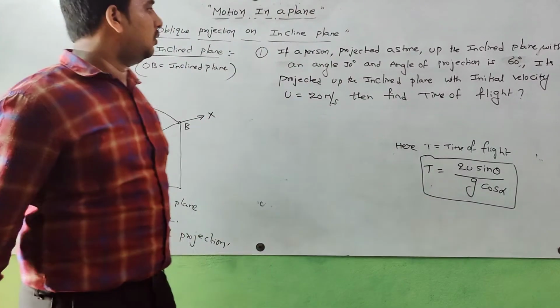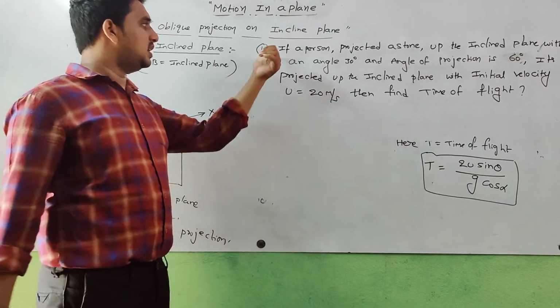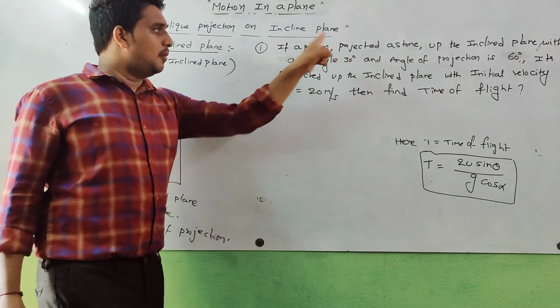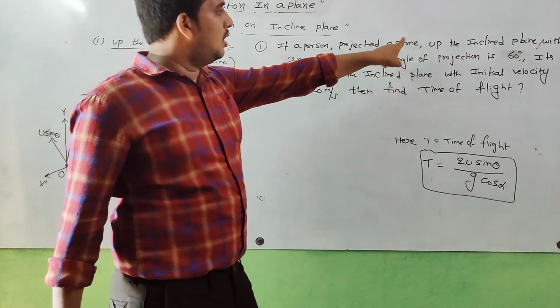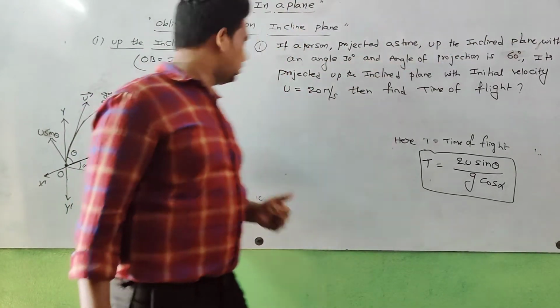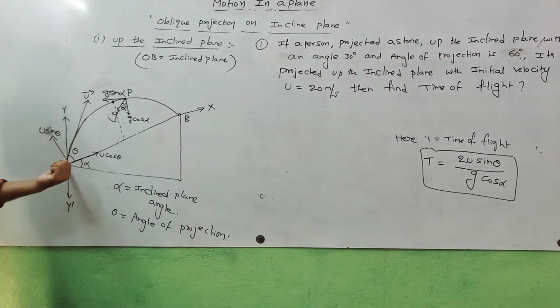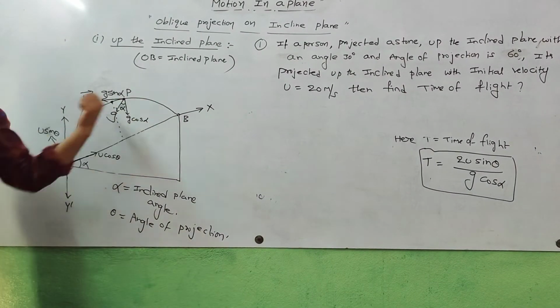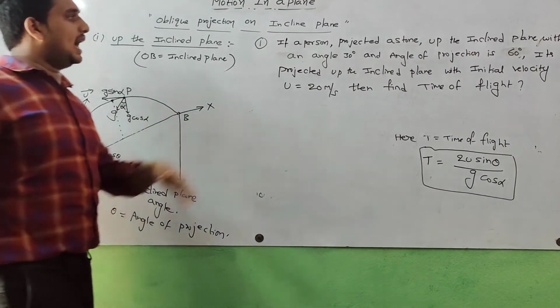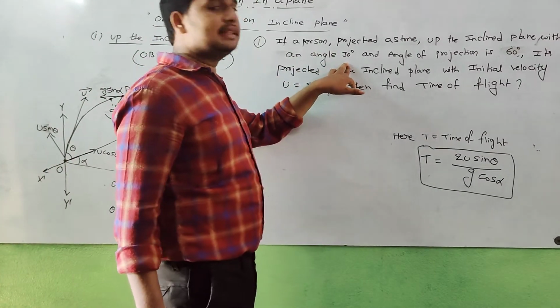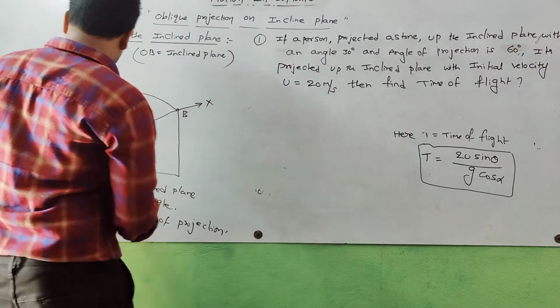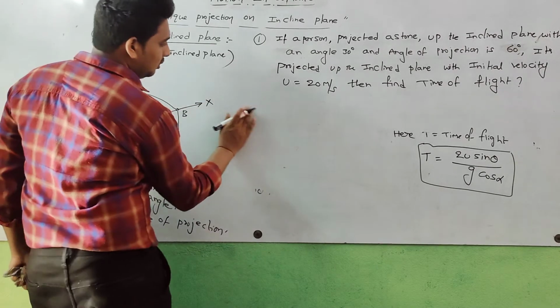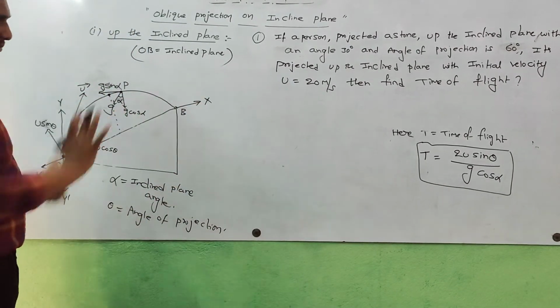First of all, what is the question? Observe carefully. If a person projects a stone up the inclined plane, like this, here is the person I consider. He projects a stone up the inclined plane with an angle of 30 degrees, so that means the inclined plane angle. Observe carefully, this is the diagram here.